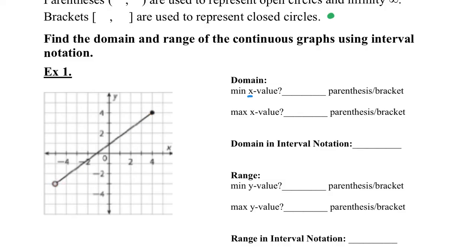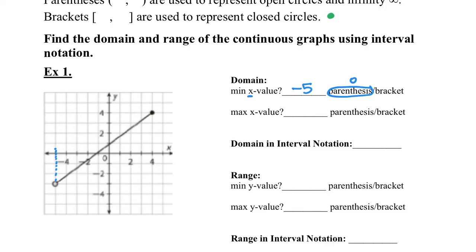Because I'm doing domain, I care only about the x value at that point. So at that point, the x value is -5, because it's -1, -2, -3, -4, -5. At -5, this is an open circle, and remember, if there is an open circle, it's a parenthesis. Now if I follow this relation furthest to the right on the x-axis, I get to this point here.